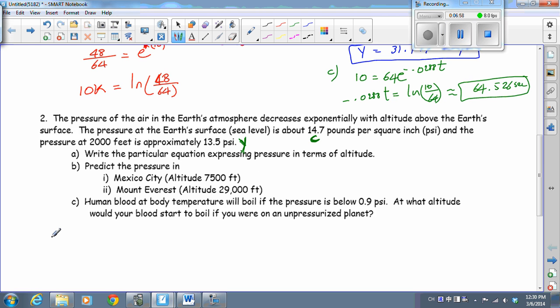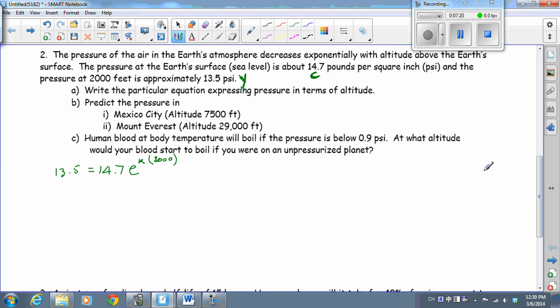So for A, I will start by saying, well, 13.5 is equal to 14.7 e to the power of k times 2,000 feet. So I'll put 2,000 here. 2,000 is like our time here. So from here, you will once again solve it. And once you solve it just like we did on the previous one, you will get k is approximately equal to negative 4.258 times 10 to the power of negative 5.